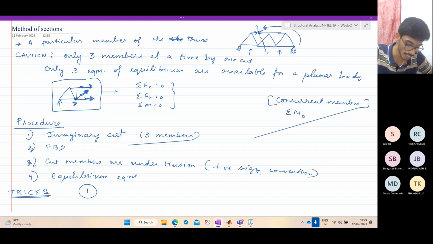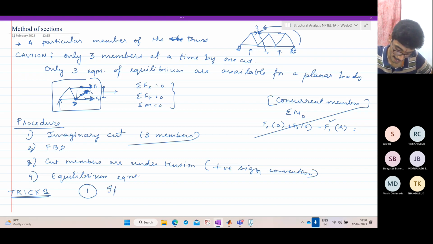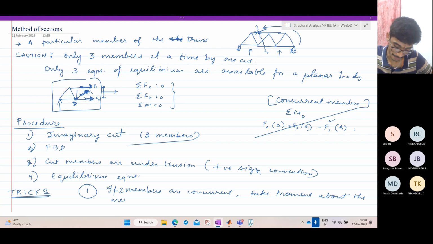If you take the moment about the point D, you'll get F2 multiplied by 0 plus F3 multiplied by 0 minus F1 multiplied by whatever this distance h is, equal to some force. So you will get F1 directly. So first trick is, if two members are concurrent, take moment about that meeting point.